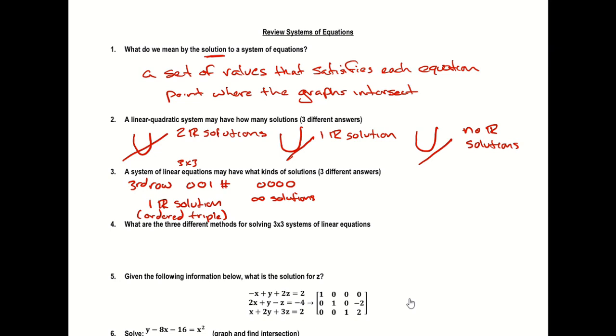Or not any number, but we have far more than one solution. And then finally, if we have 0, 0, 0, 1 in our third row, we have no real solutions, meaning our three equations do not intersect at any one point.